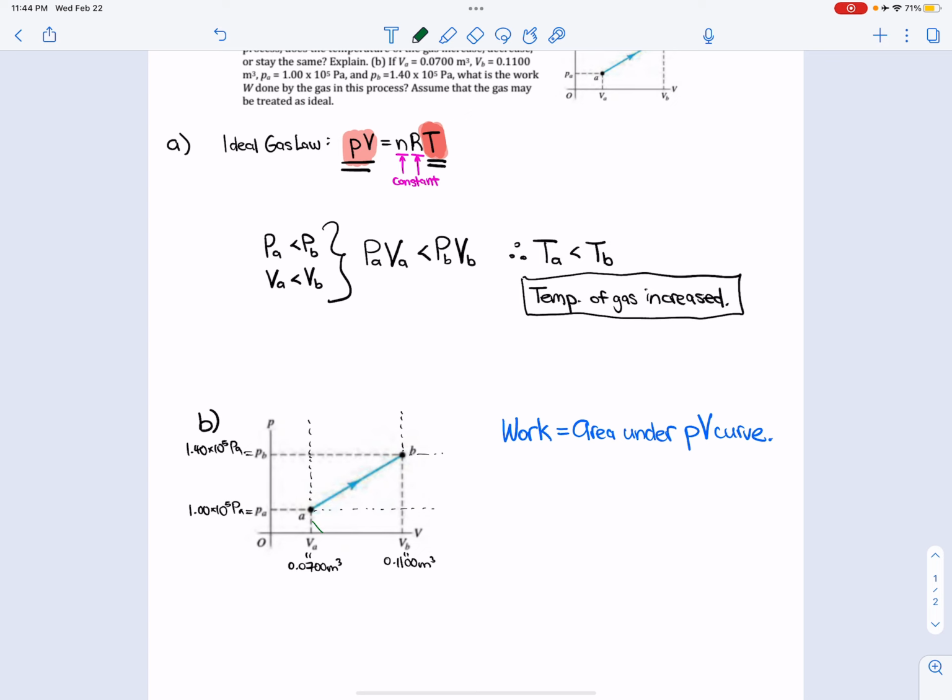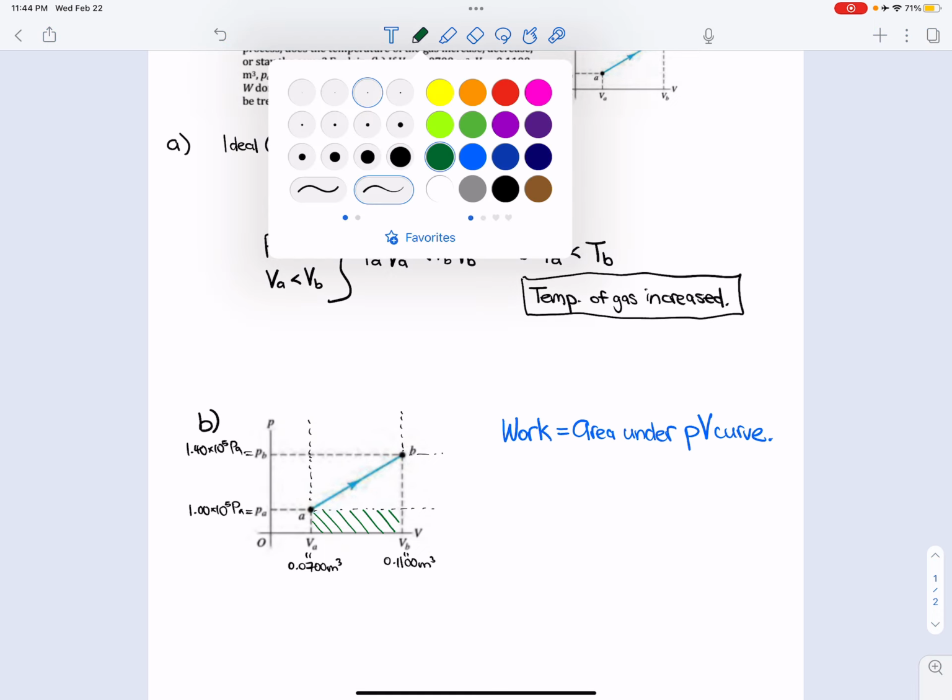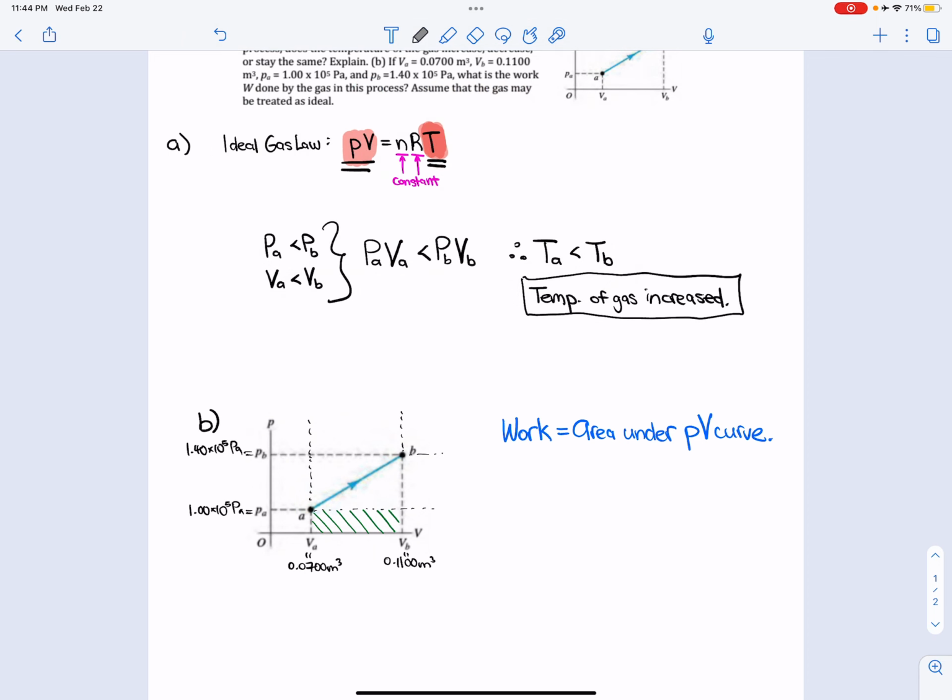It's this rectangle right here. And the other area, let's use gray, is the triangle right here, right? So we have two areas we need to add together to get the total work done by the gas in this process.